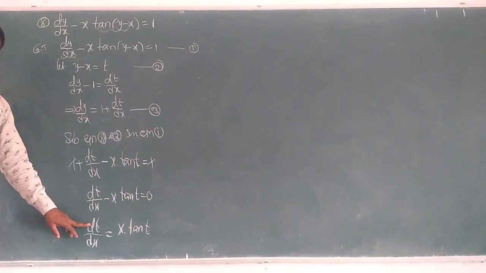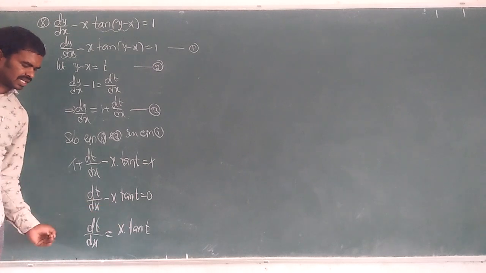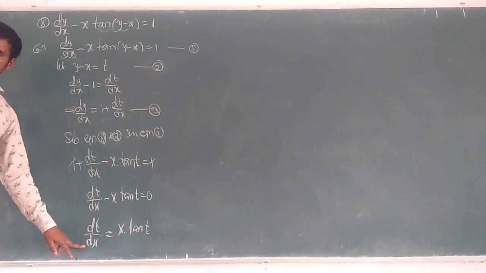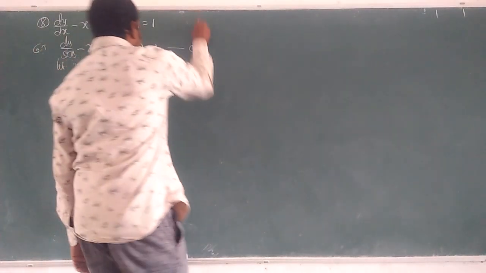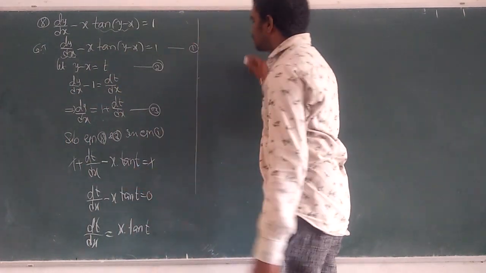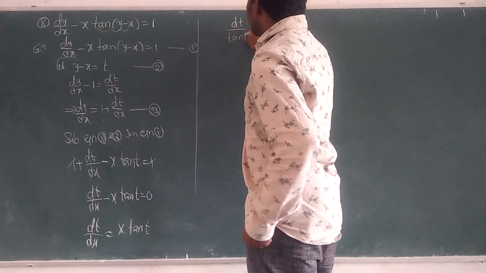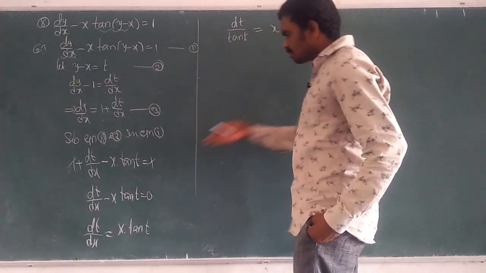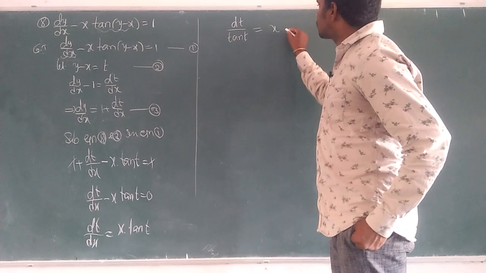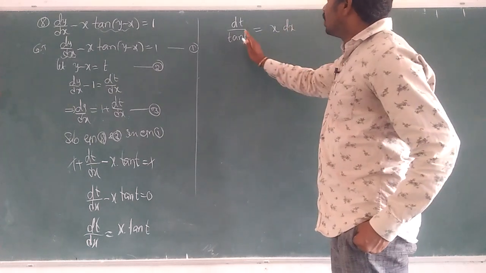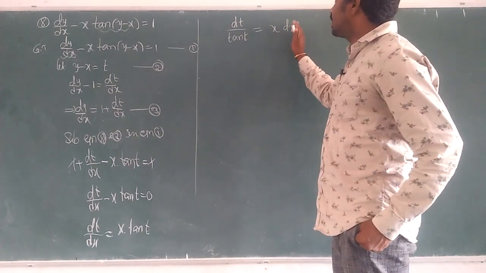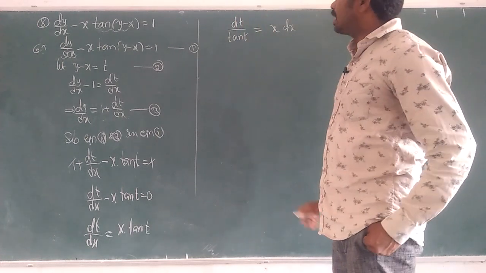In the left side dt is there, so tan t brought to the left side goes to the denominator, dt by tan t is equal to x into dx, with dx brought to the right side.